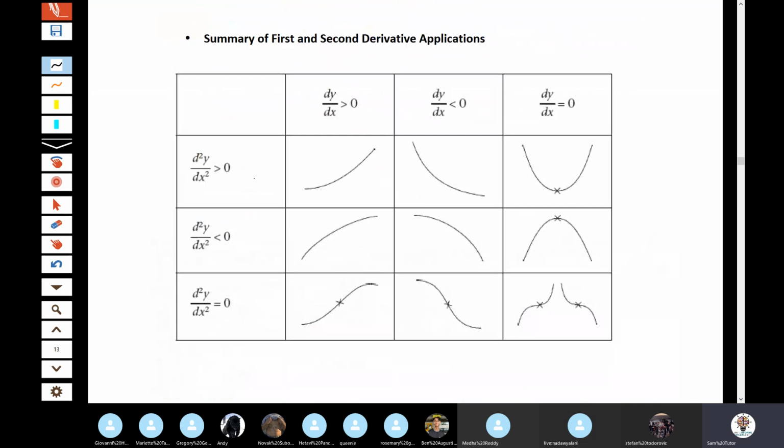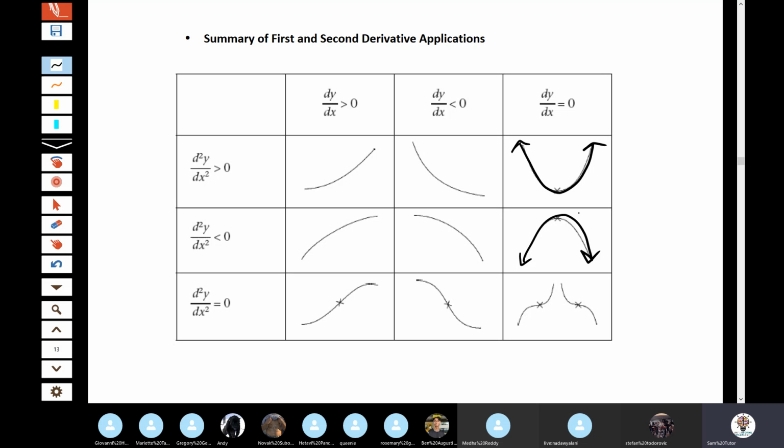Now, I don't want you to memorize that at all. What I want you to do is what I just did with that decreasing, increasing question. I want you to know that if it says y double dash greater than 0, it's a minimum. If it's y double dash less than 0, it's a maximum. And then I want you to know that if I've got a maximum, where is it fast and slow?